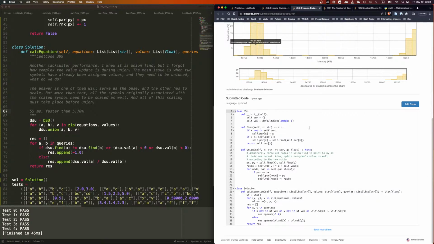Arbitrarily force all nodes union find point to parent Y as their new parent. This is much easier.